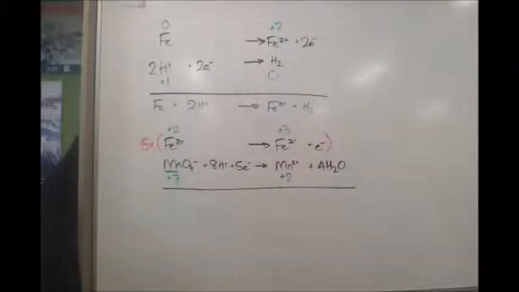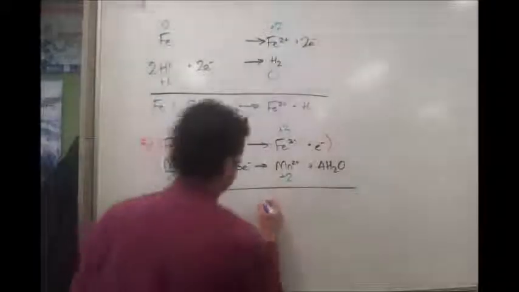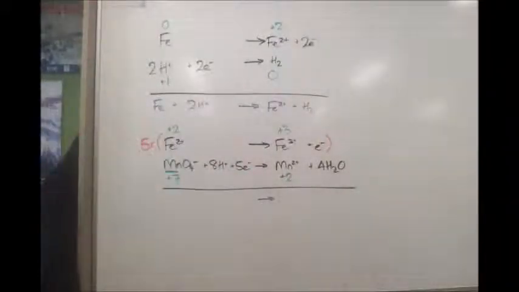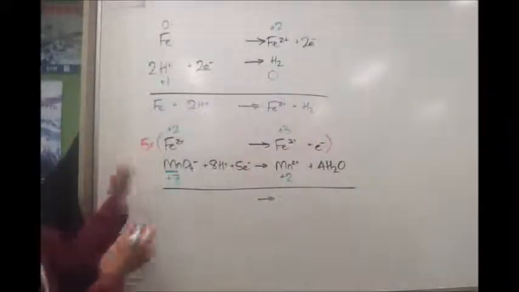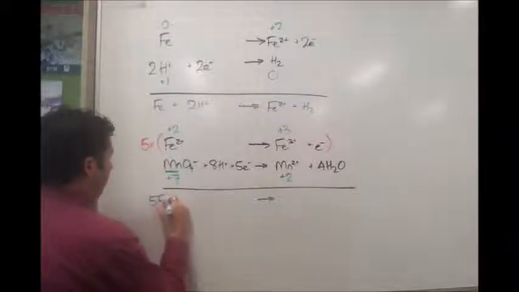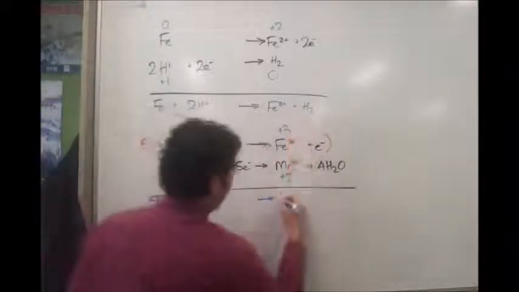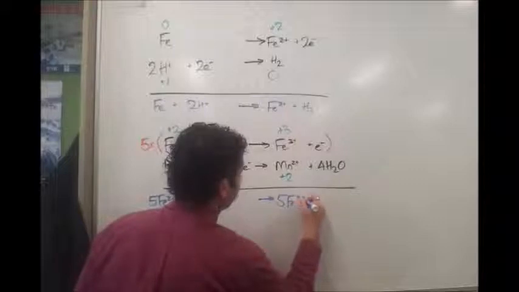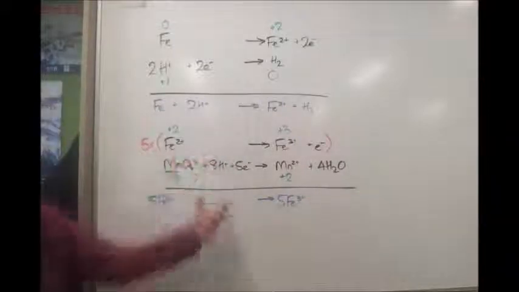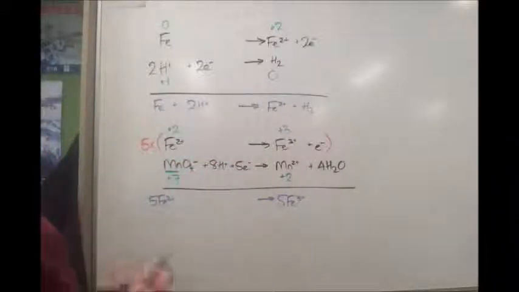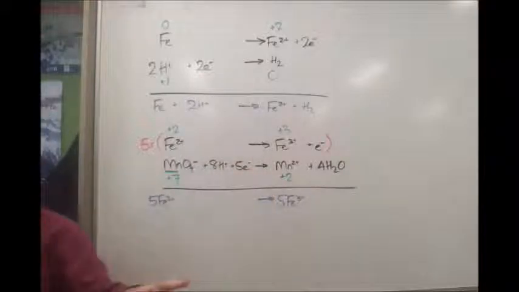So the way that I normally do it is I keep my arrows lined up because I just like to be a little bit organised like that. Maybe I'm a little bit OCD. So I get my 5 Fe 2+ here. I put my 5 Fe 3+ here. Then I put the rest in. Remember, the electrons disappear because they're reactants and products, so they're gone.